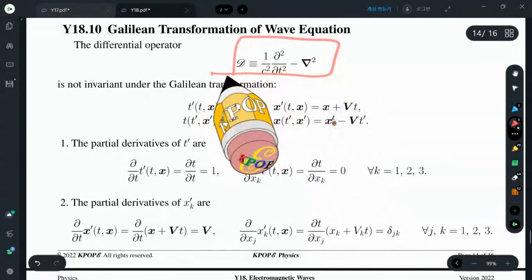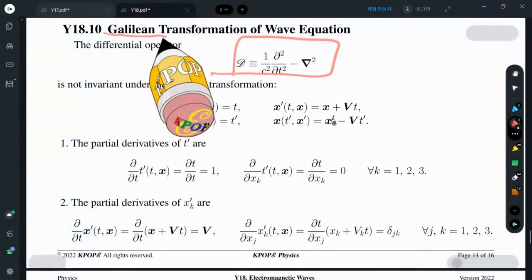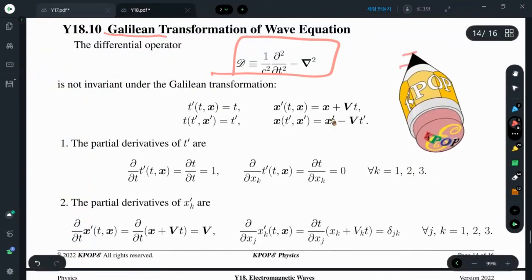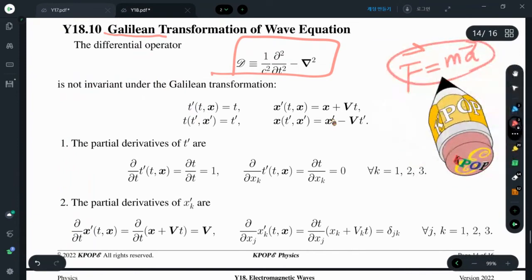This differential operator appears in the wave equation. However, we know very well about the Galilean transformation. That Galilean transformation gives an invariant equation for F equals ma. That is the fundamental equation of motion of Newtonian mechanics.